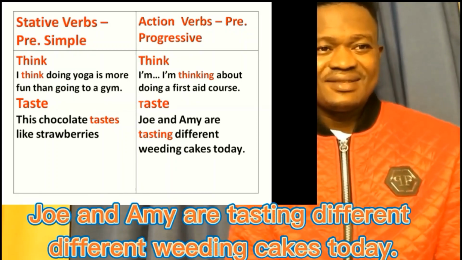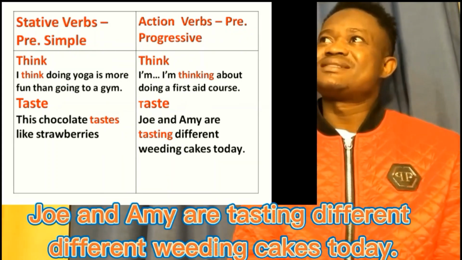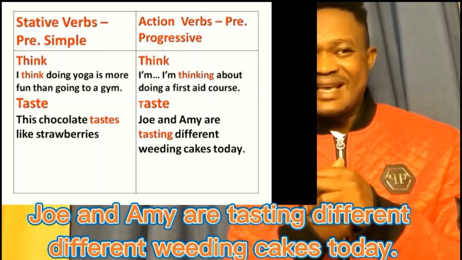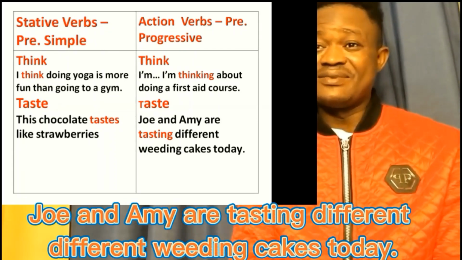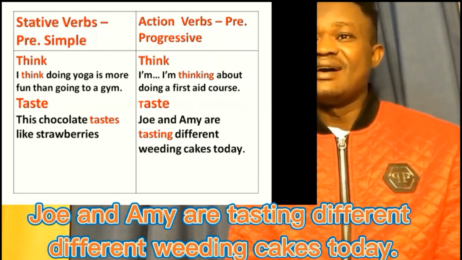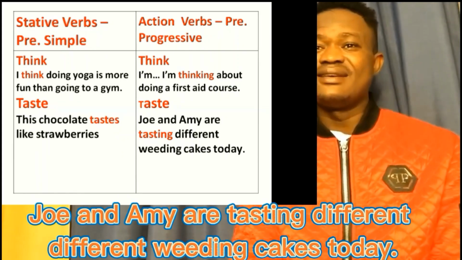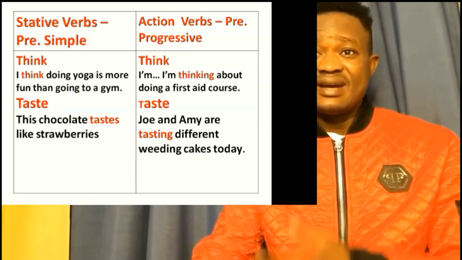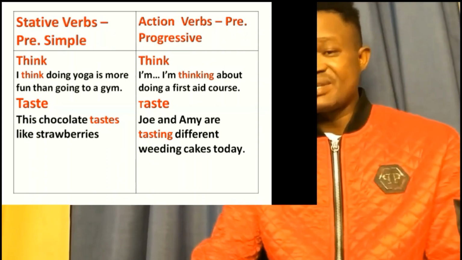They are tasting. Oh man, we are tasting this food, man. So yummy. So this is why we're using it every day in the present progressive form. Taste, thinking, every day. So that's why these are verbs that are stative, and at the same time they are action verbs.